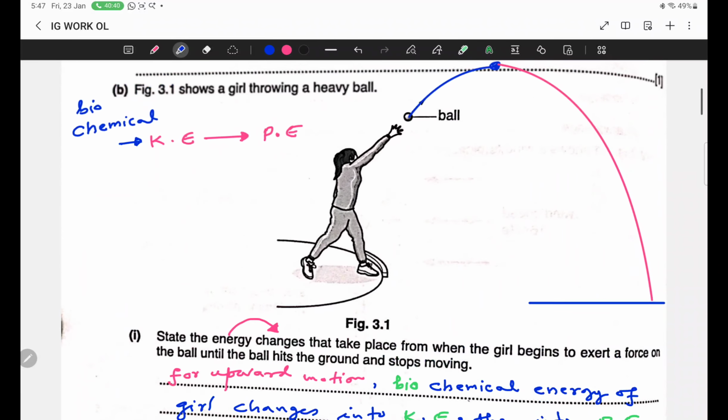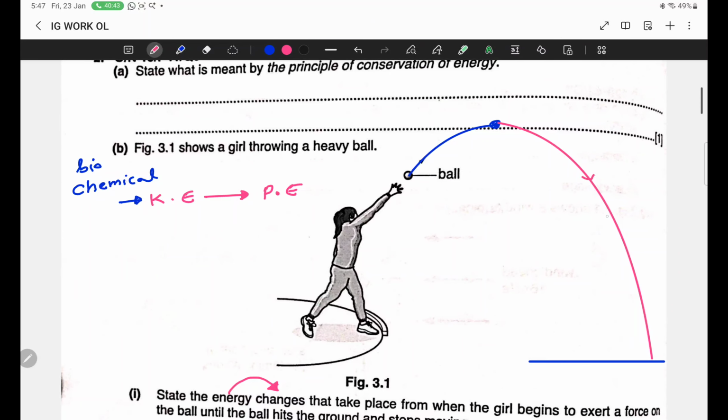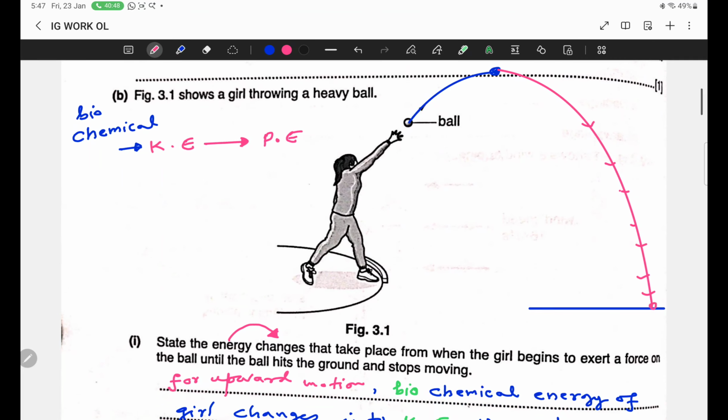When the object is moving down, obviously its kinetic energy is increasing, and when the ball hits the ground, kinetic energy is maximum, but when the ball comes to rest, then this kinetic energy vanishes. Before hitting the ground, kinetic energy is maximum, but after hitting the ground, kinetic energy vanishes. The question is, what will be the final energy?